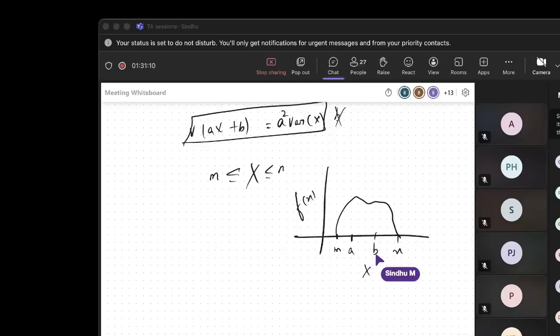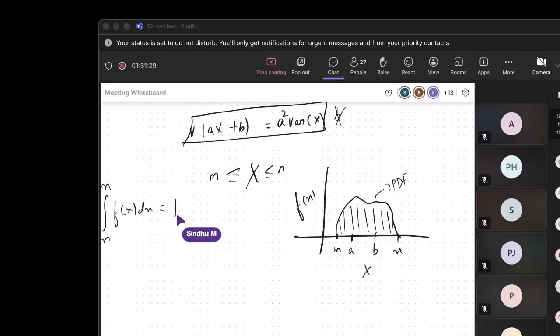Because it is a probability distribution, the total area under this curve must be equal to 1. That is, if you take integration from the limit m to n f of x dx, this value must be equal to 1.